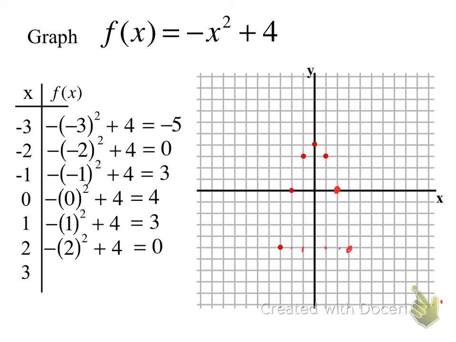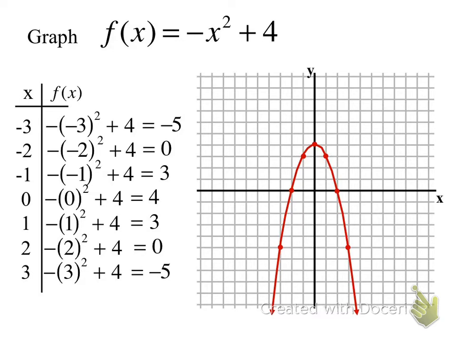Now, you will notice every time when I draw it, I continue the angle of the line. Okay? So, the predictions were, what happened to the vertex? Shifted up 4 units, and it's opening upside down. That's correct.